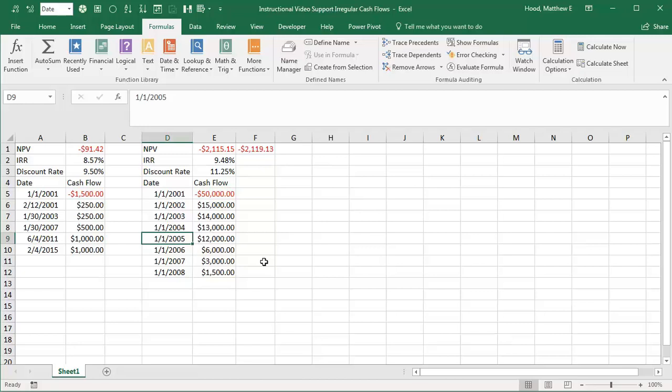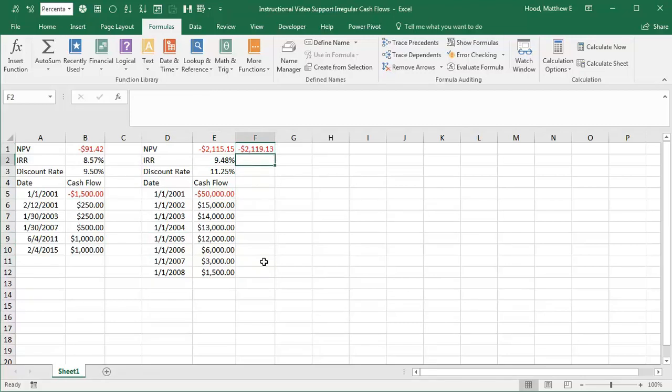But XNPV is looking at this in terms of days, and it assumes there's 365 days in every year. So it is not considering this to be 1 year after this date. It's 1 year and 1/365th more. So since all these cash flows are 1/365th of a year later, they get discounted a little bit more. So the net present value is going to be a little bit worse.